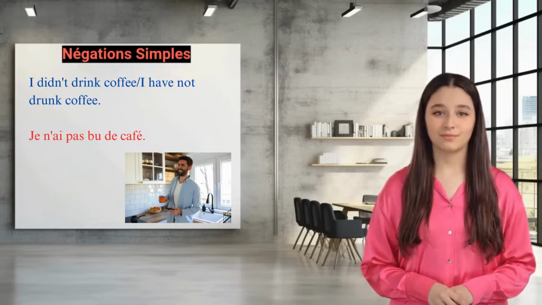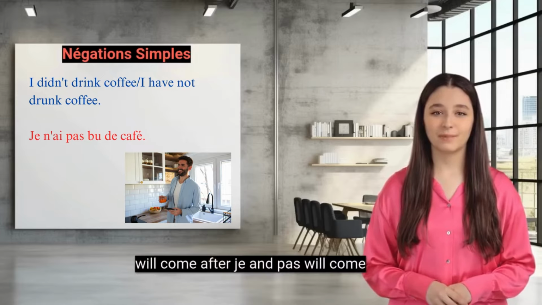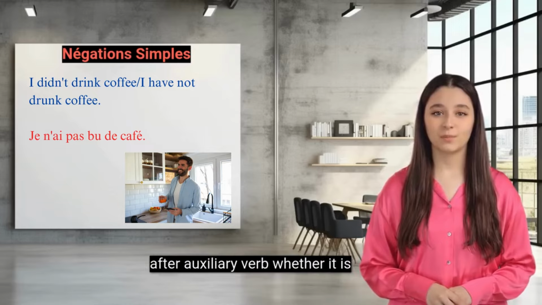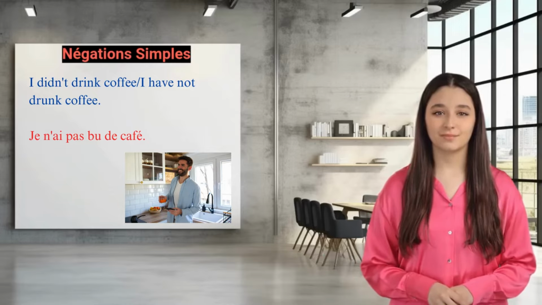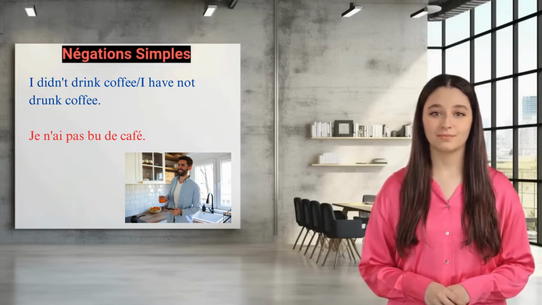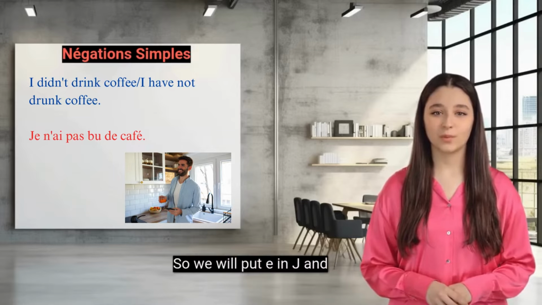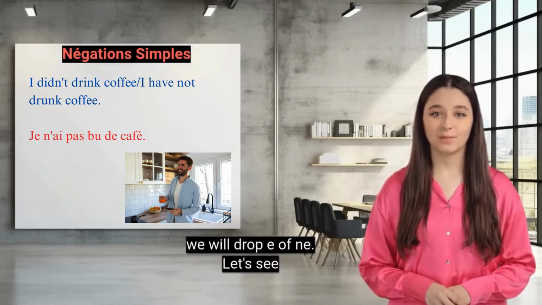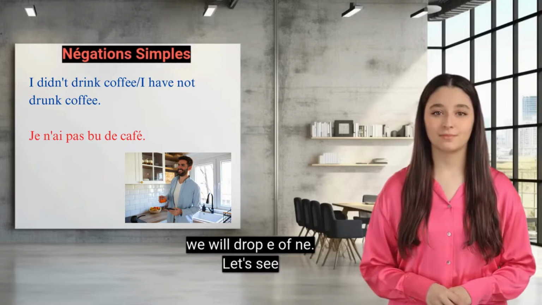So, ne will come after je and pas will come after the auxiliary verb, whether it is avoir or être. So we will put in j' and we will drop the e of ne.